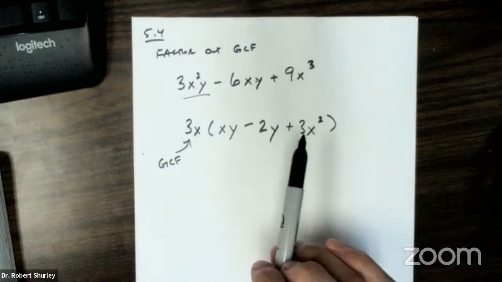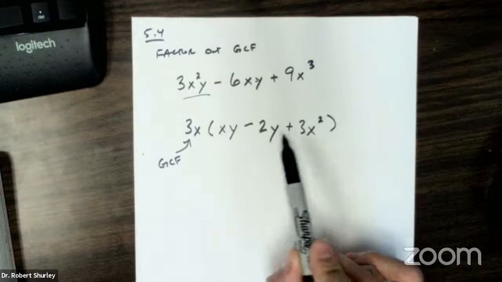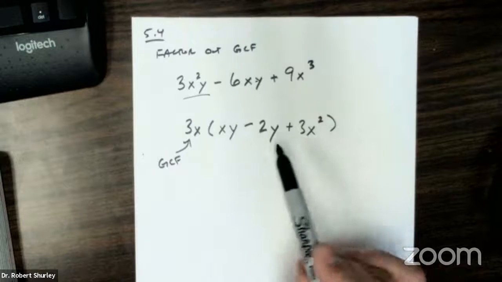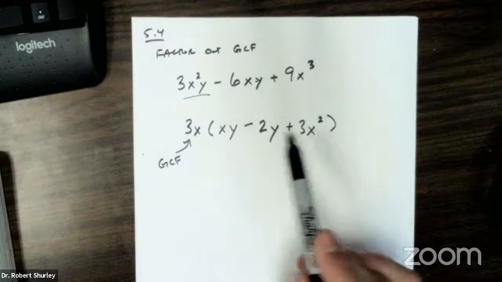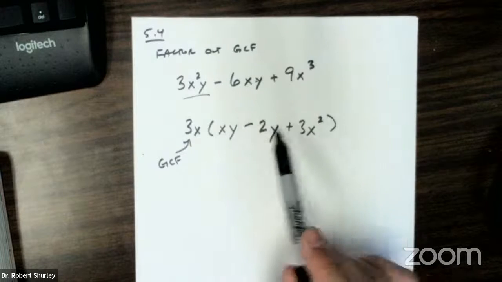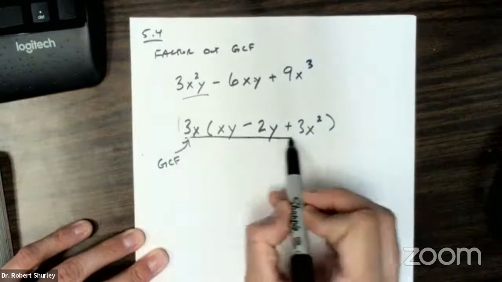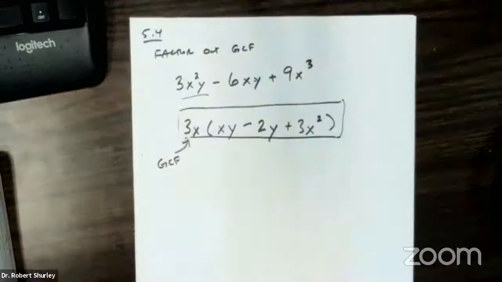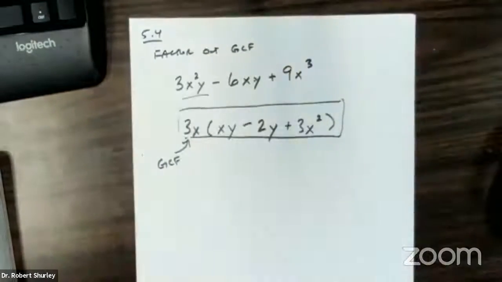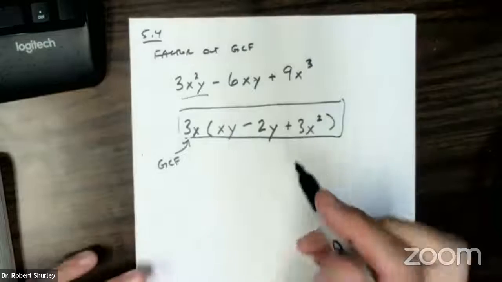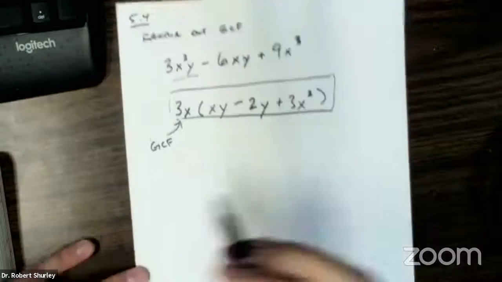And notice a quick check to see if you're done, of course, is to multiply it back through, but also that there's nothing else we can factor out. Of all 3 of these terms, there's not a single value or variable or number that I can factor out still. So therefore, I know that I am done. I've greatest common factored it completely. I'm not looking for the trinomial part. You won't be able to factor it as a trinomial either.